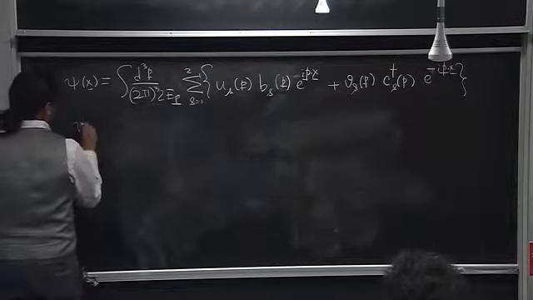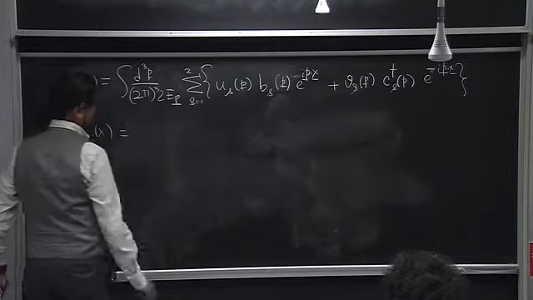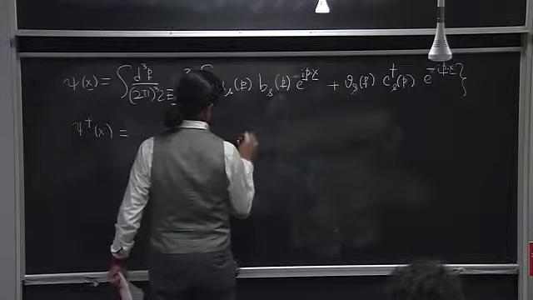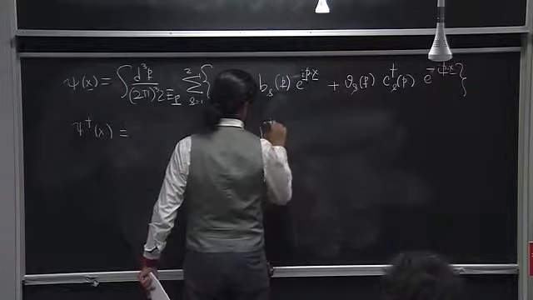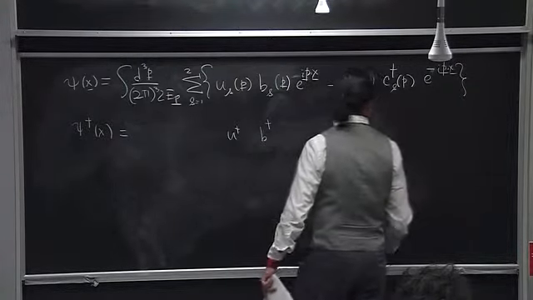So psi dagger will be similar. I'm not going to write it out, but you'll have some U dagger here. And here you'll have a B dagger. You'll have a V dagger here, and you'll have a C here.